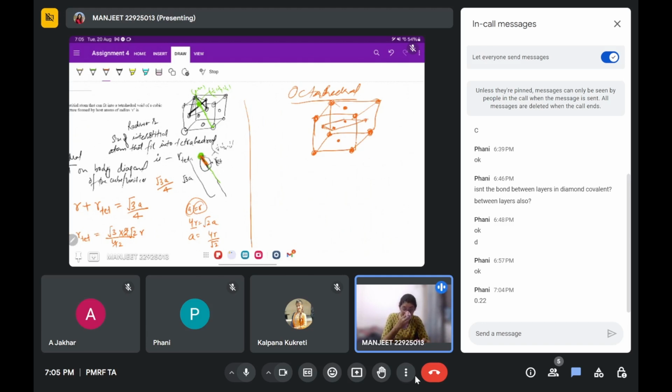If the same question is asked for the octahedral, because here it is asked for the tetrahedral void. Now I'm considering the octahedral. So this is one plane. This one atom will be connected to this one, and again connected to all of them. The same one is also connected with all of them. Now, whatever atom fits here will be the atom that can substitute in the octahedral void. Now this distance is your a. Okay. Now what will be the distance?